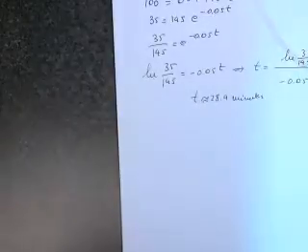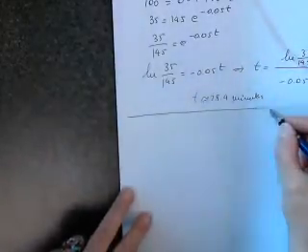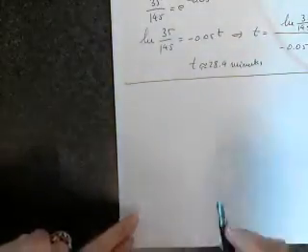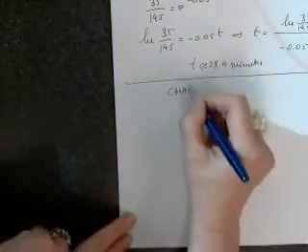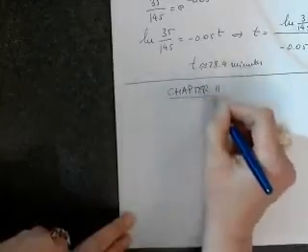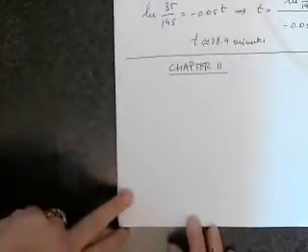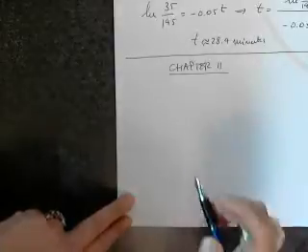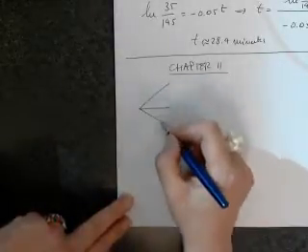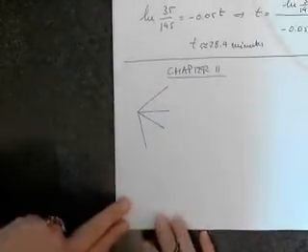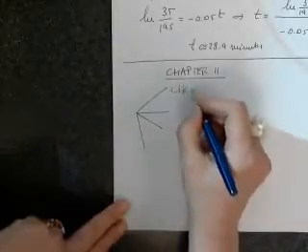This is the end of chapter 4. Now let's see what we can accomplish from chapter 11. In chapter 11, we have to look at 4 different things. Number 1, circle.